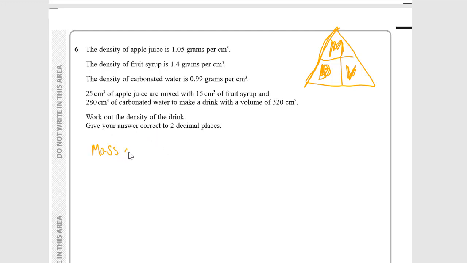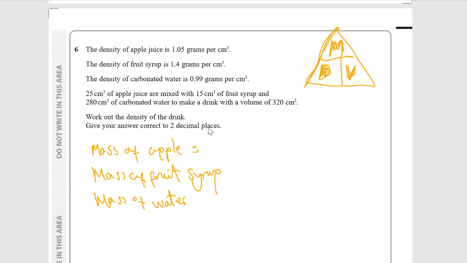So let's work this out. So mass of apple. We're going to need the mass of fruit syrup. And we're going to need the mass of water.